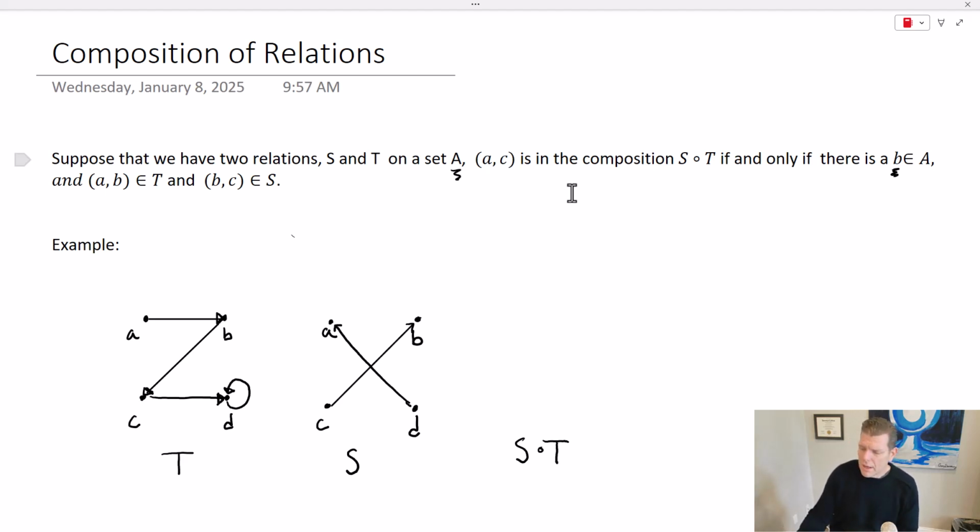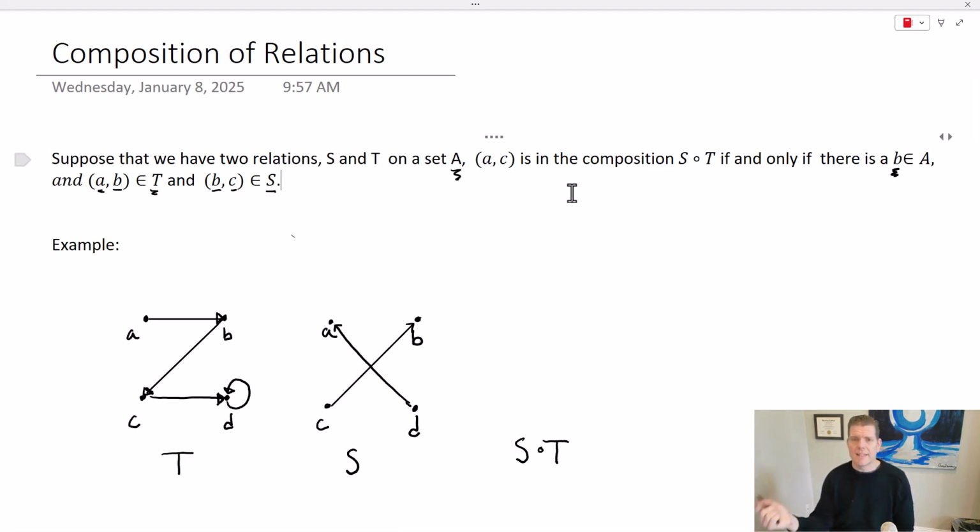Notice also that we'll start out at A, and that's going to belong to T, and we go from A to B, and then we'll go from B to C, and B to C is in S. That's important because our notation has it that we do T first. So all of our edges in T are going to occur first, and then our edges in S will come afterwards.